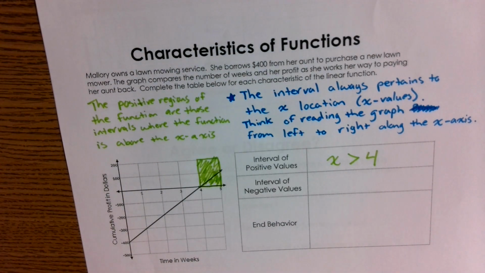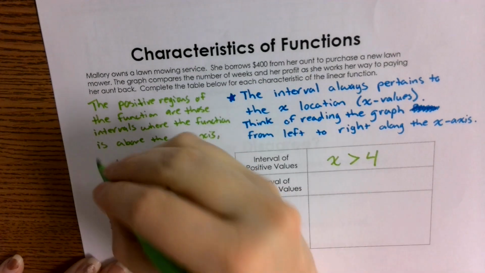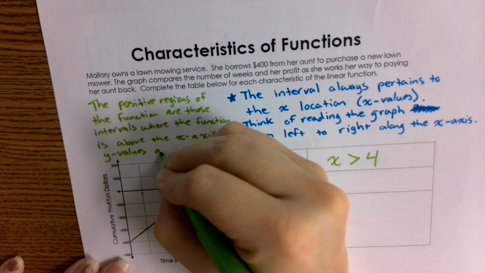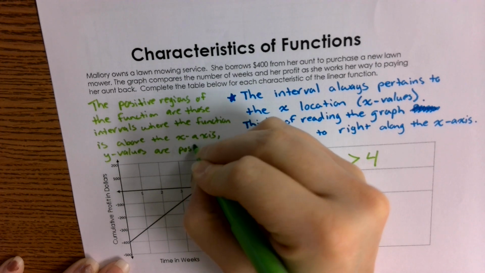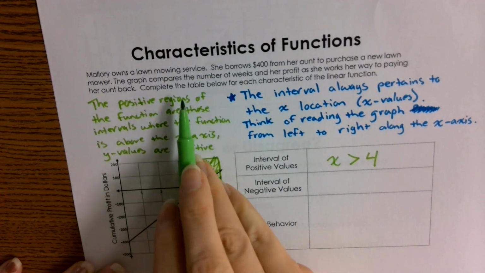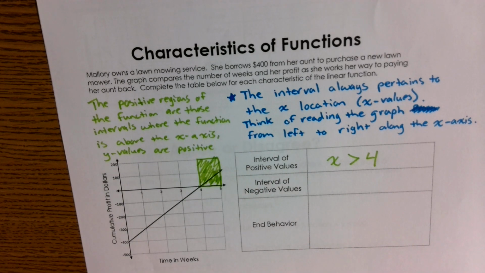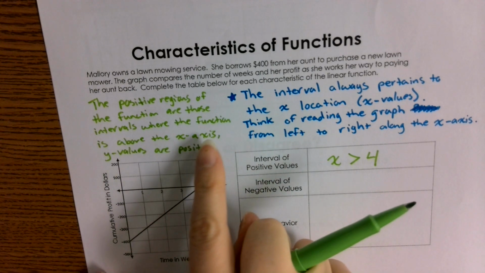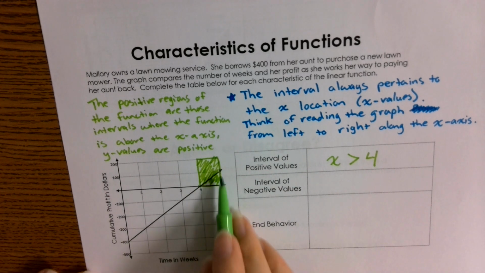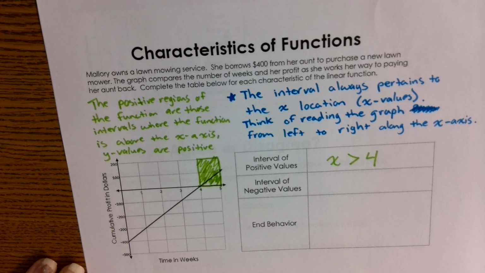So you're looking at what point we are above the x-axis, where y starts to become positive. So your y values are positive. The positive regions of the function are those intervals where the function is above the x-axis and your y values are positive. So that's what I'm highlighting here in that green zone.